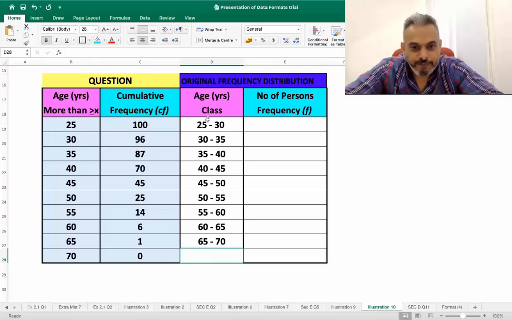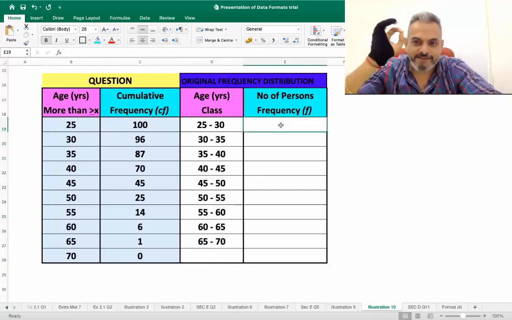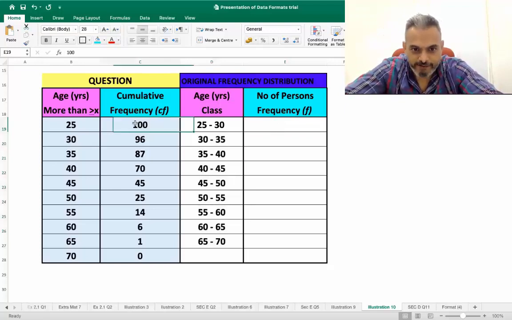Now, once you write the classes, we go for frequency. Again, the method remains the same. Subtract the lowest from the highest.